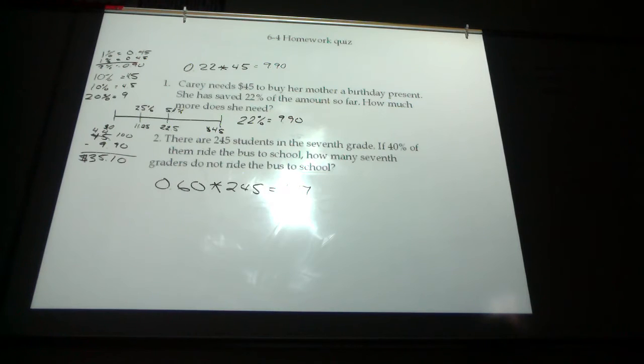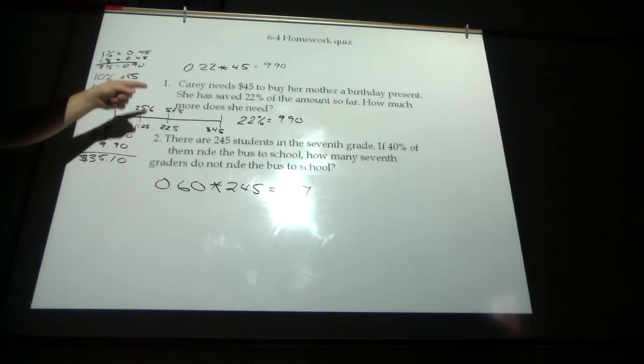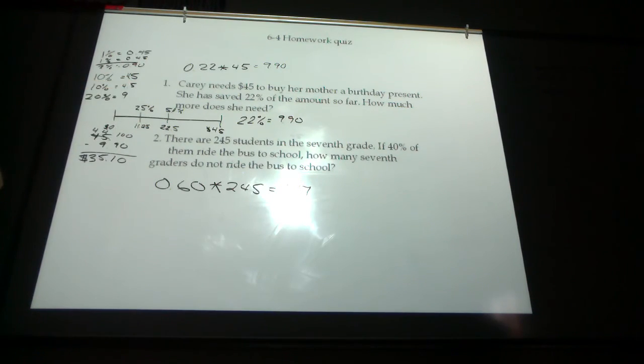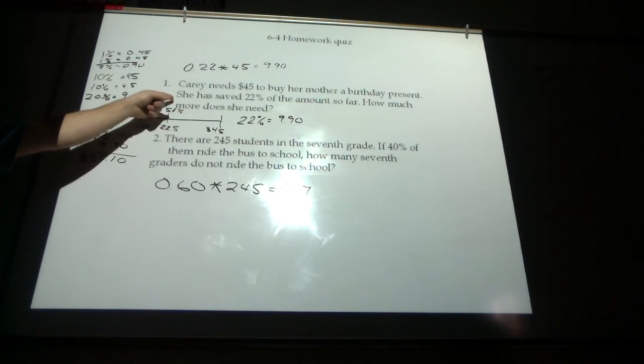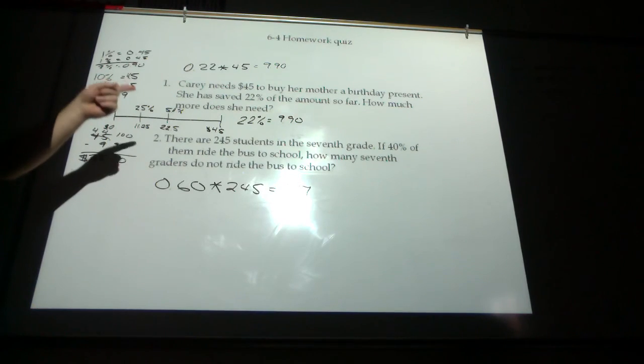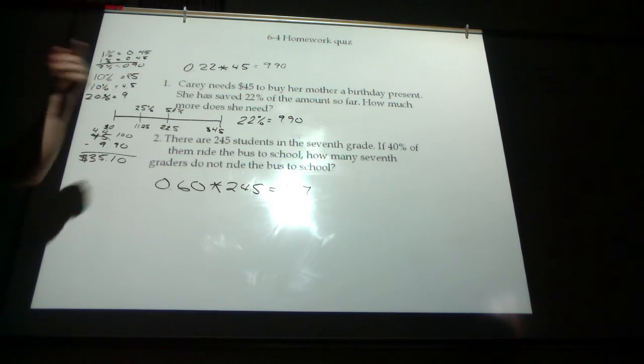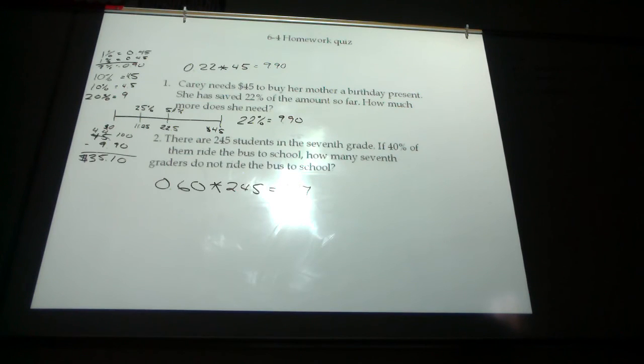Now, kids, we got a good video tonight that you can watch. We showed a couple different ways. On this one up here, I want you to do this really quickly just to make sure. How much money does she have left percentage-wise? What's the percent that she has left? Could you find 78% of 45, and would that give you your answer right away?